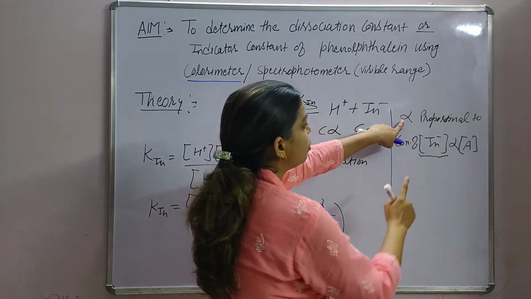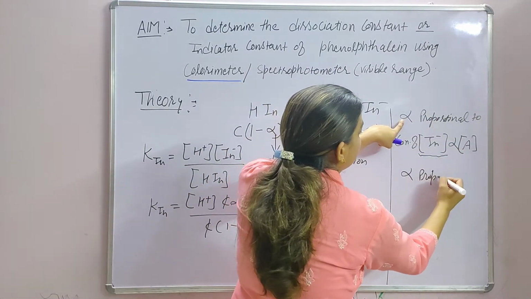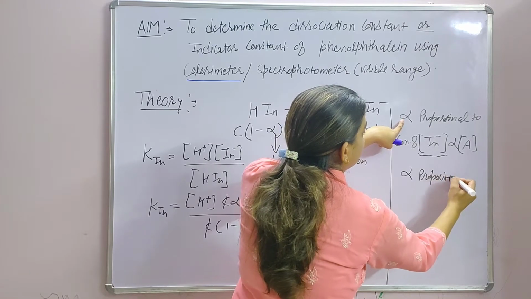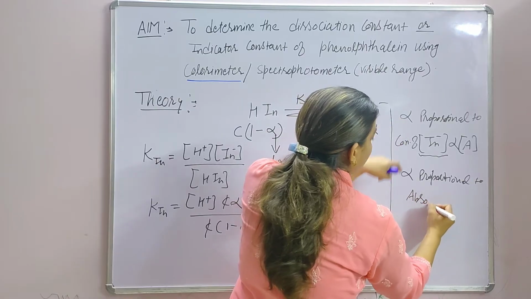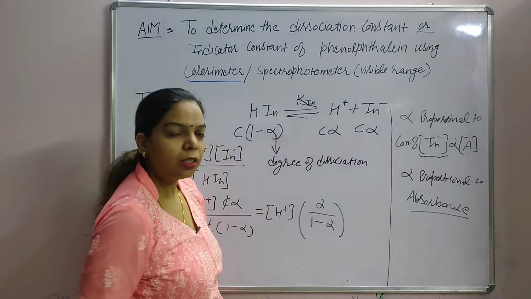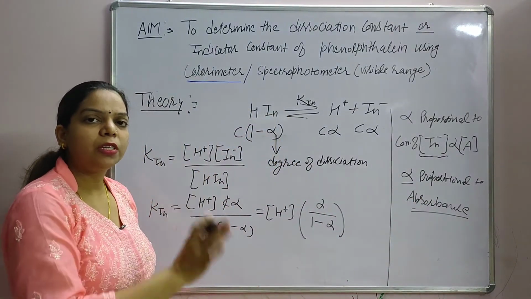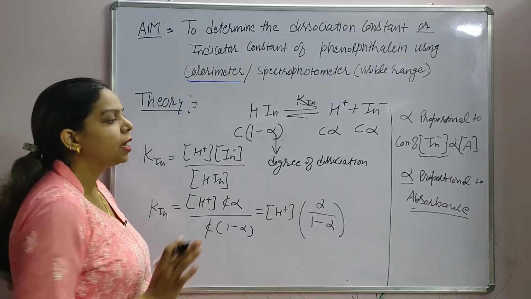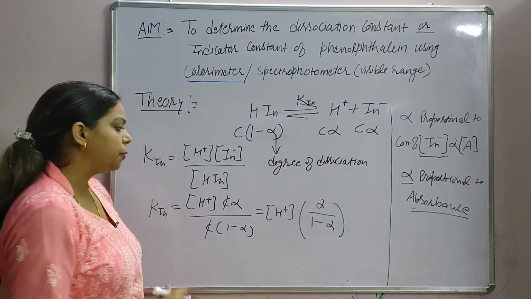So the degree of dissociation is proportional to absorbance. We will make use of this relation. Alpha is proportional to absorbance. So we will find out the absorbance for different concentrations and their dissociation constant accordingly.